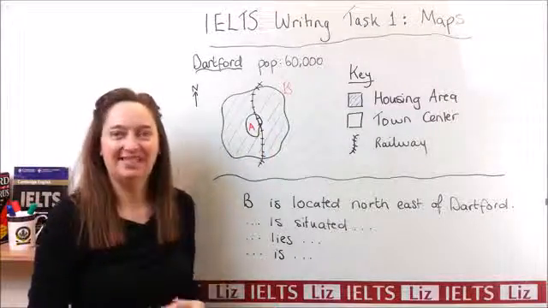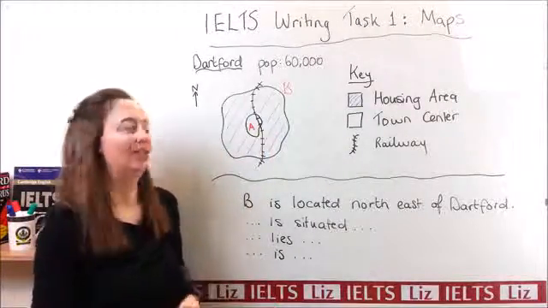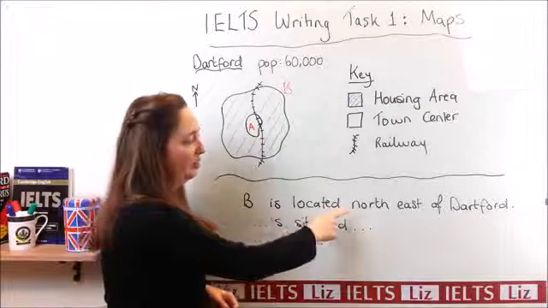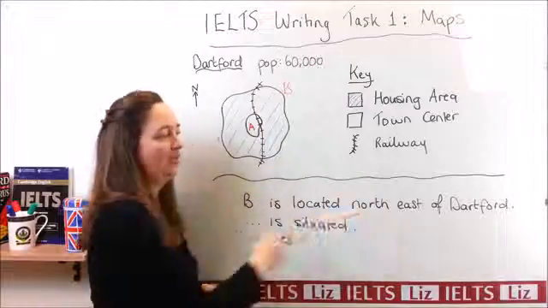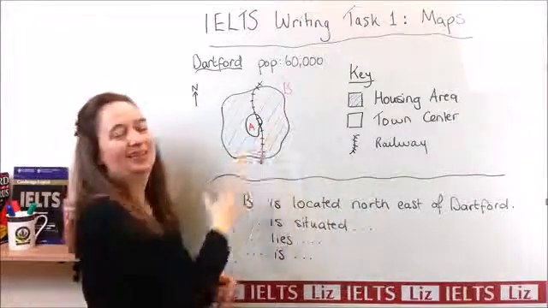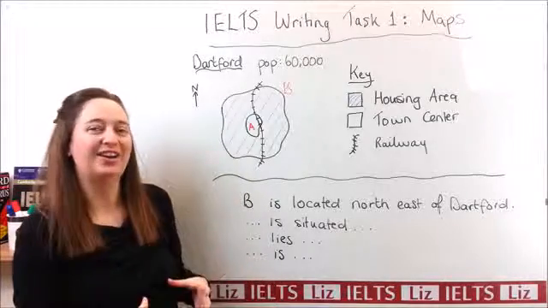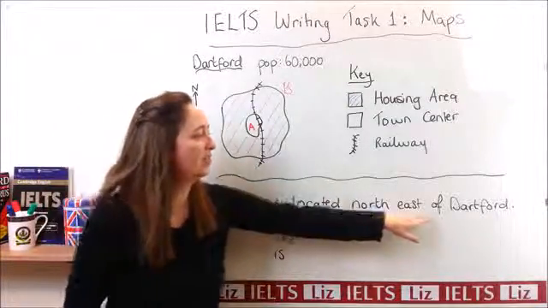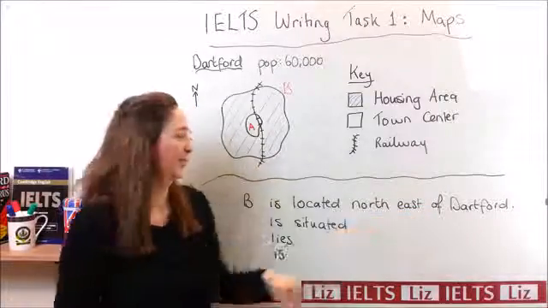And here we have a sentence to describe the location of B. B is located northeast of Dartford. And you can see on the map that B is located outside the town. So it's located northeast of Dartford.